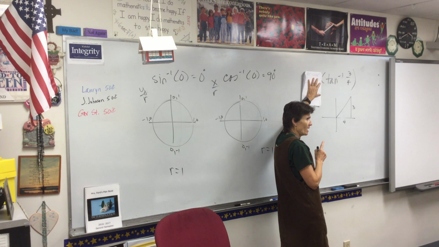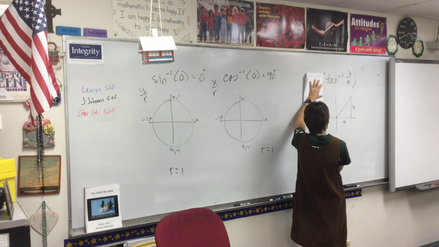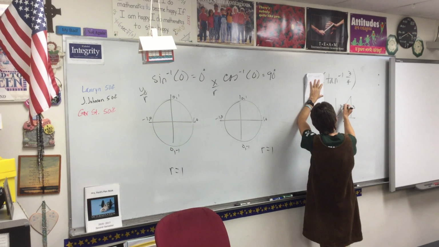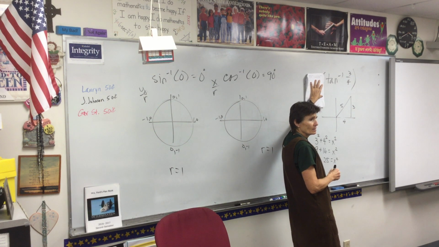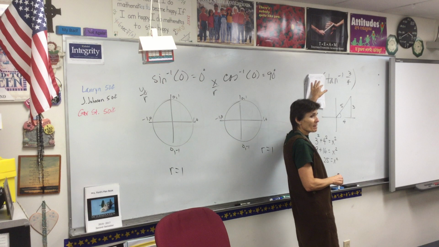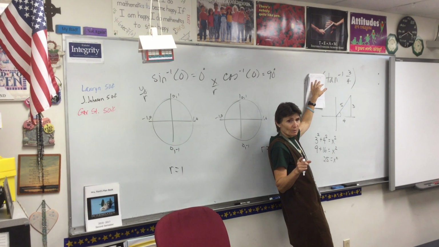Uh-oh. That's not a 45 or a 30 or a 60. So let's do the Pythagorean theorem and see what that other side is. Did you get 5? We have no idea what that angle is. It's not special. But here's the good news. We don't care.